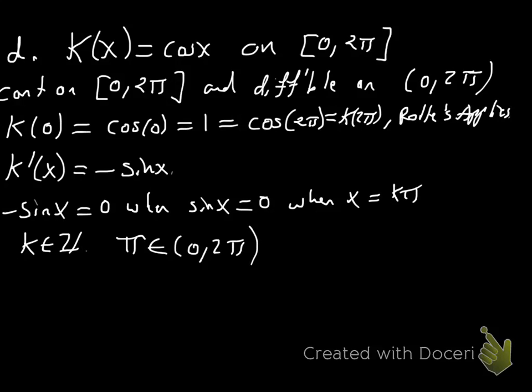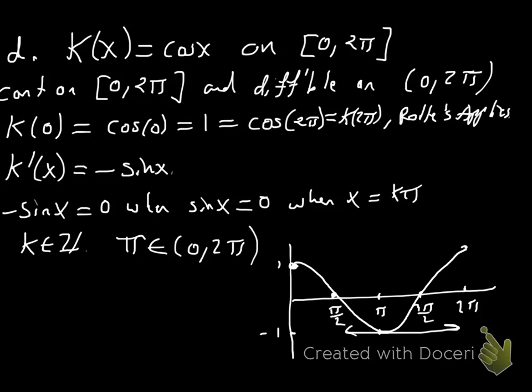And again, here is what the cosine wave looks like. You can see that it does have a horizontal tangent at pi there. So we have met the three hypotheses of Rolle's theorem, and therefore our conclusion is we should have a horizontal tangent, which in fact we have observed.